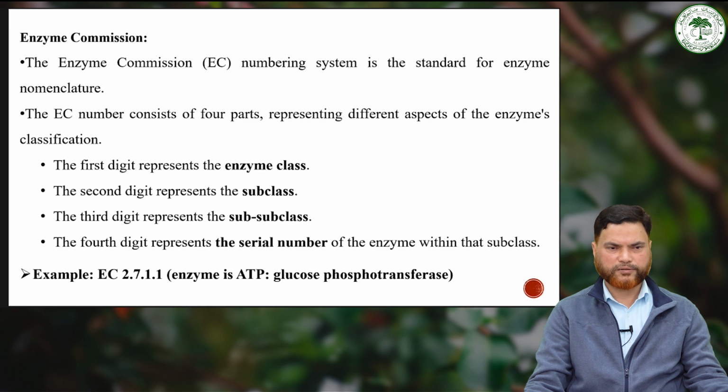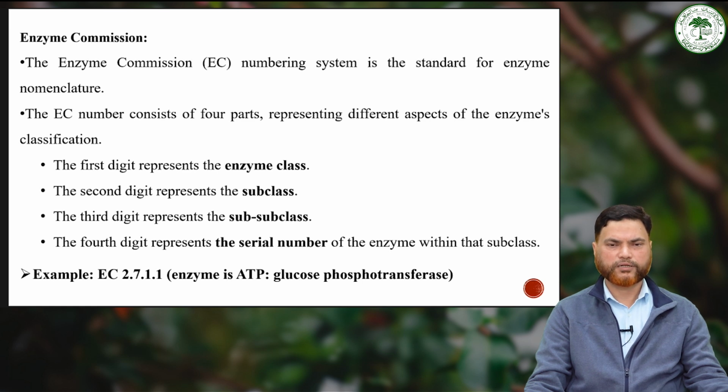So just to give an example, EC 2.7.1.1. The systematic name of the enzyme catalyzing the reaction is given, in which ATP reacts with D-glucose to form ADP plus D-glucose 6-phosphate.